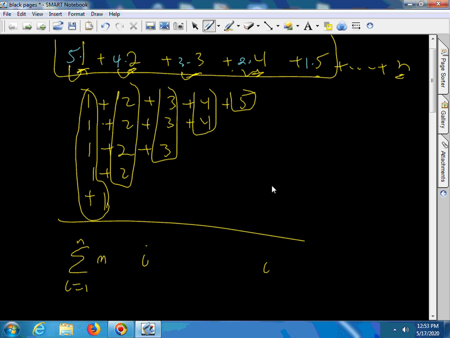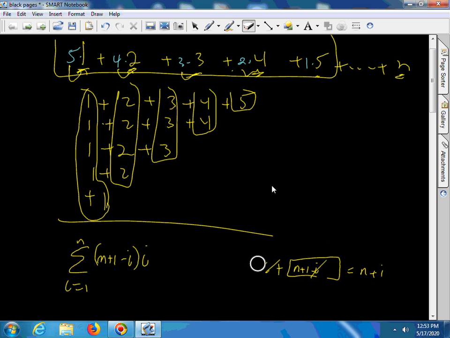So you have i, and the question is, what do you add to it to get n plus 1? Well, here's the n plus 1, and I'll take away i. You take away i, and then you get n plus 1. And you multiply the two.